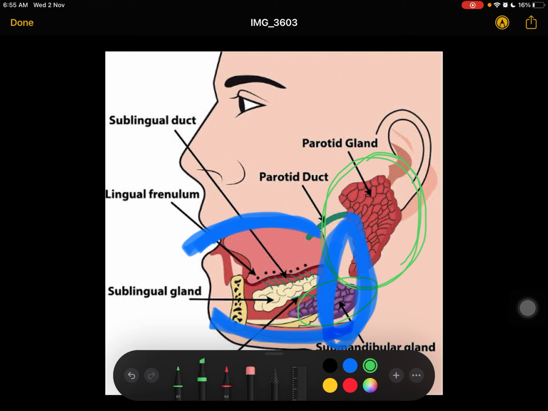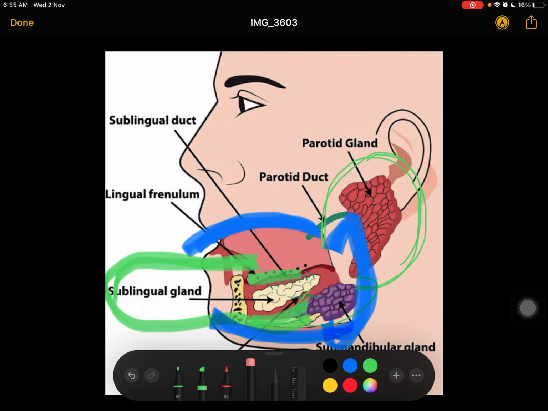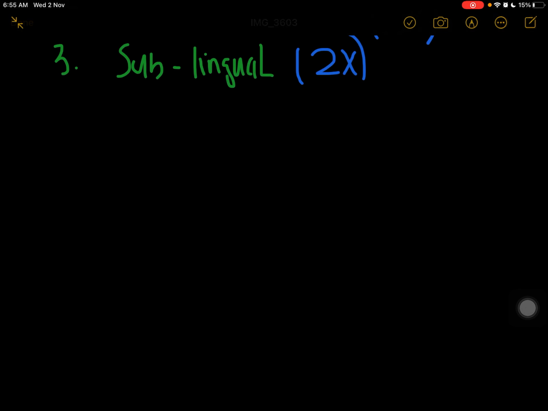And here we have another gland, known as the sublingual gland. Why is it known as sublingual? It means that it is present below the tongue. You can see this is the tongue, and it is present below it. So that's why it's known as the sublingual gland.